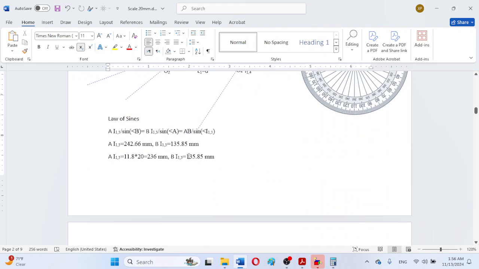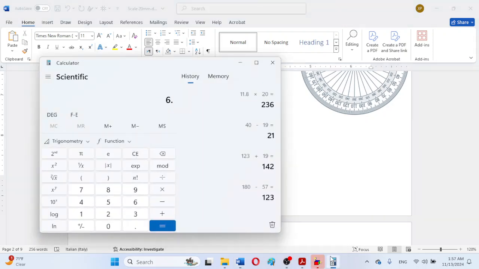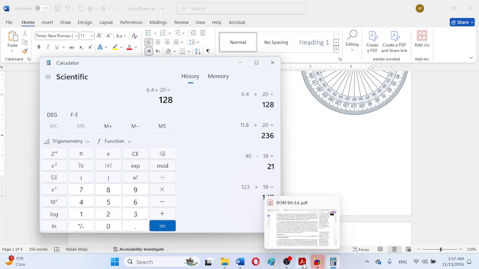So we can type here 6.4 multiplied by 20 according to scale, which will be giving 128.